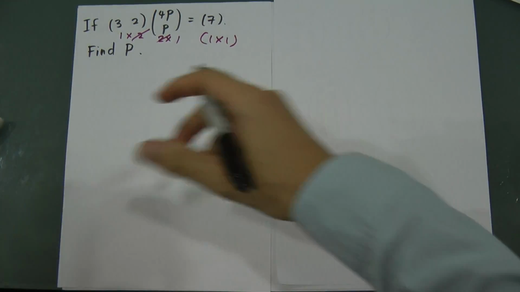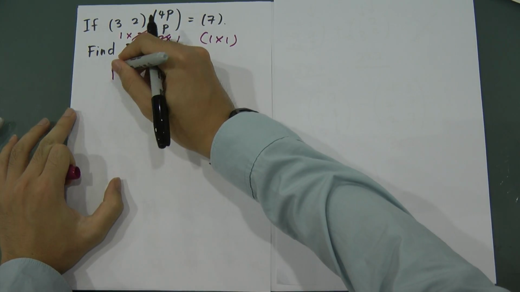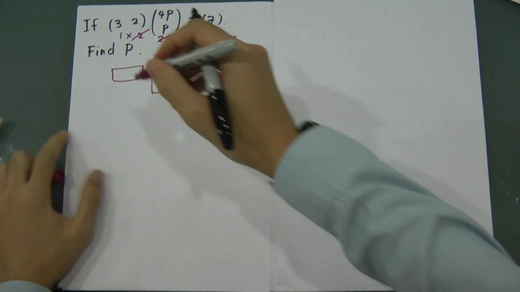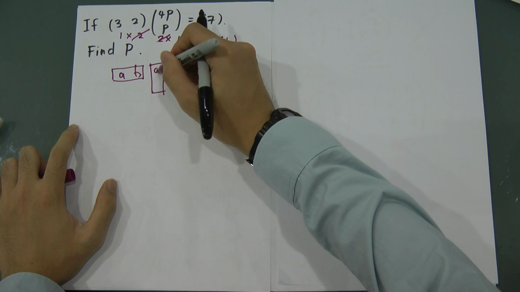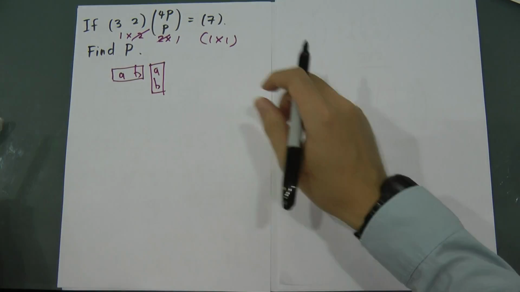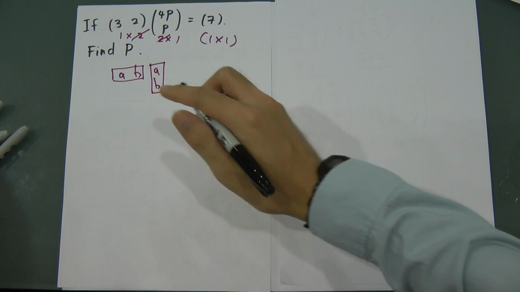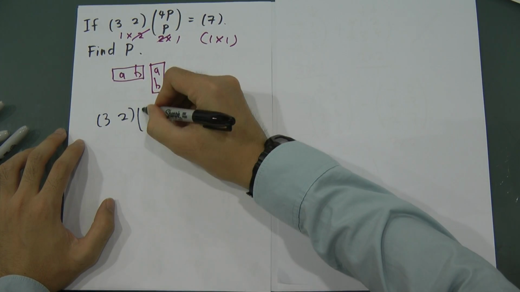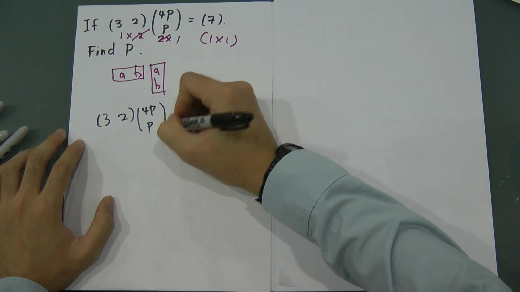Okay, so what is our multiple law? Horizontal multiple vertical. Right or not? AB, AB. Okay, so therefore, let me write down 3, 2, 4p and p.